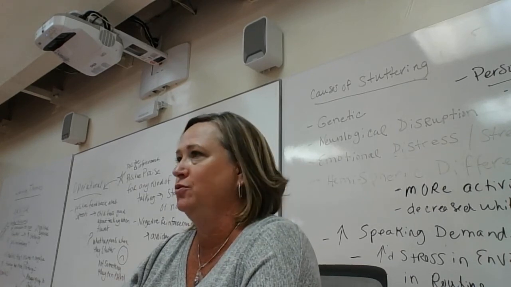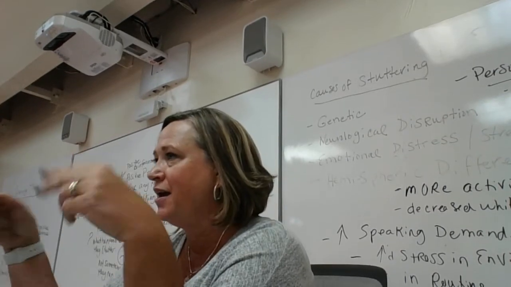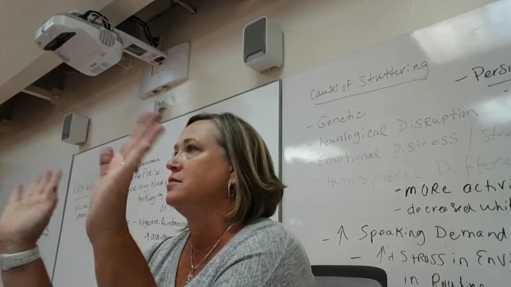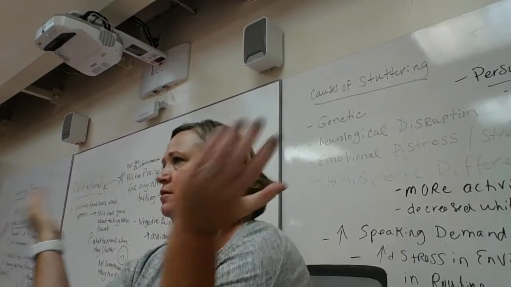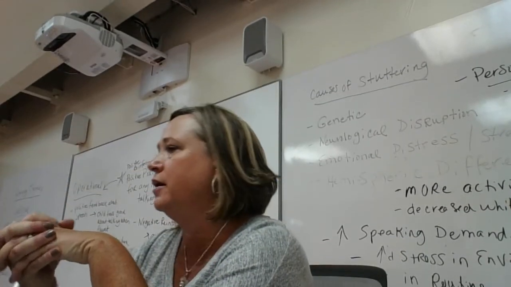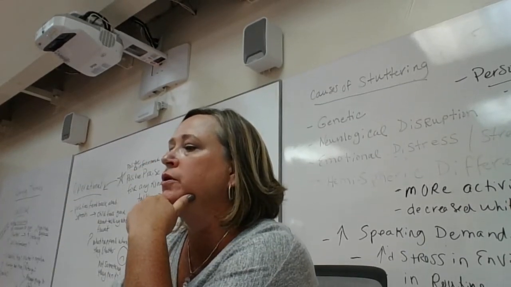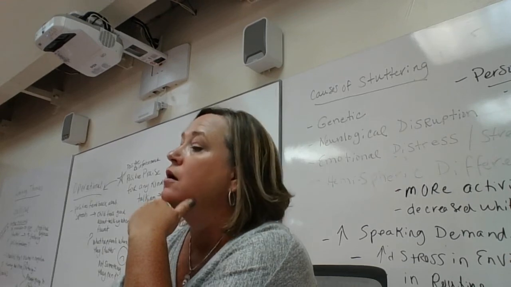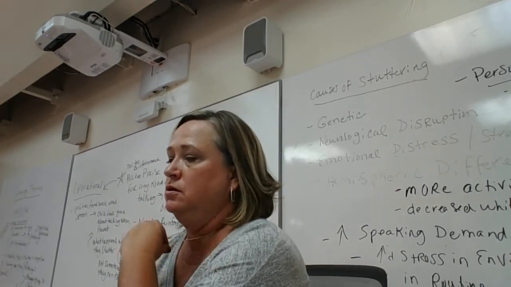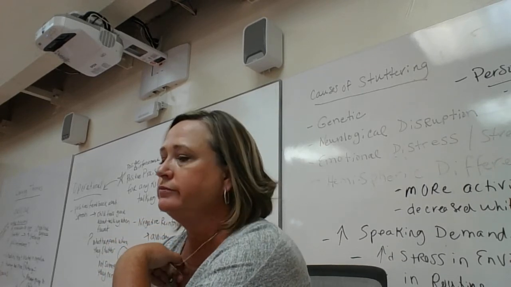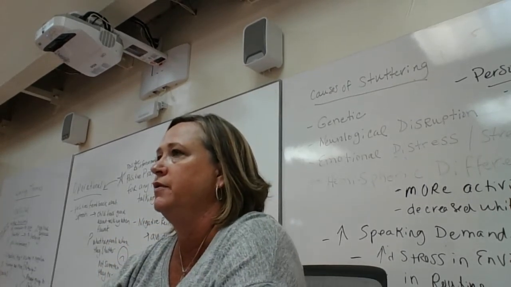Obviously, no. So labeling them, or diagnosing them as a person who stutters, did not have any effect on their development of stuttering. You can read more about the study in chapter 3. It's interesting, but obviously very unethical.